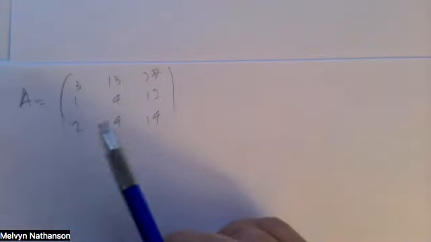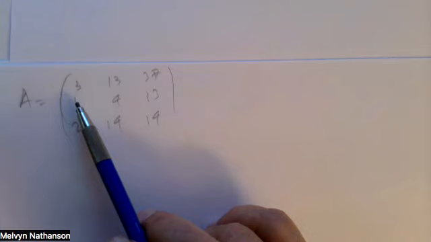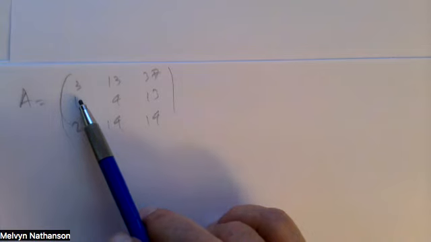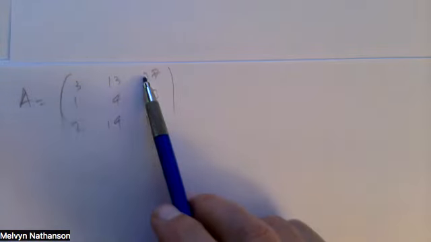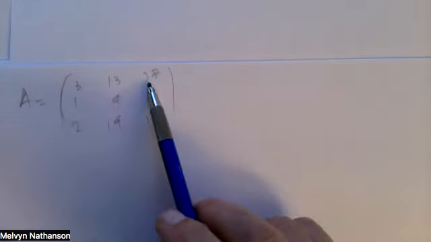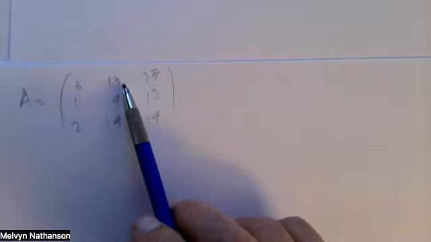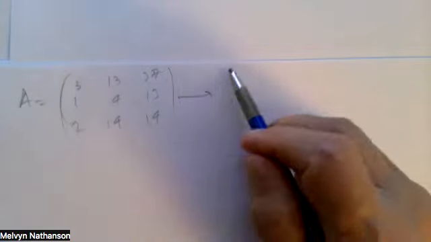So I want the first non-zero entry in each row to be a 1. Now I could take the first row and multiply it by a third. That would give me a 1 here, but that would give me fractions.